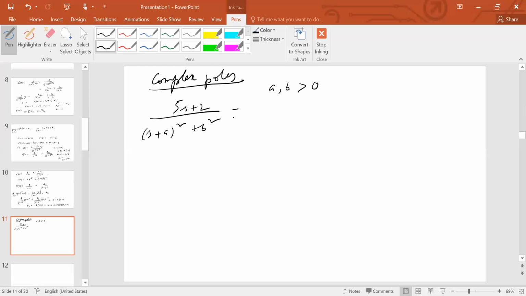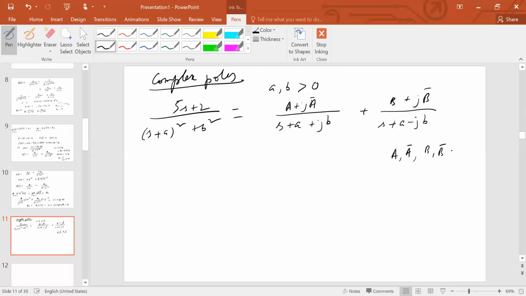So now if you write this as, let's say, a plus j a bar upon s plus a plus jb, plus b plus j b bar upon s plus a minus jb. All right. If you write it in this manner, where a bar, b bar are real numbers.